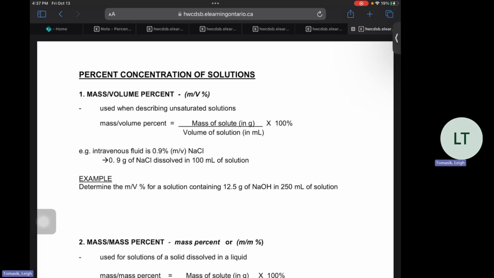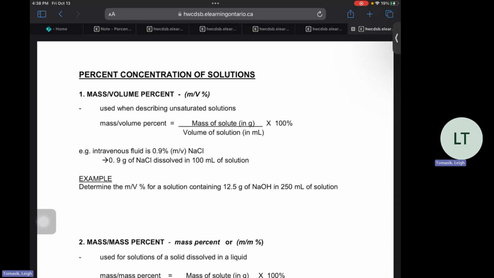They're written usually as a percent concentration. For example, you might have encountered this if you go to the pharmacy and pick up hydrogen peroxide. You'll see that it's 3% hydrogen peroxide, and that 3% is a percent concentration.